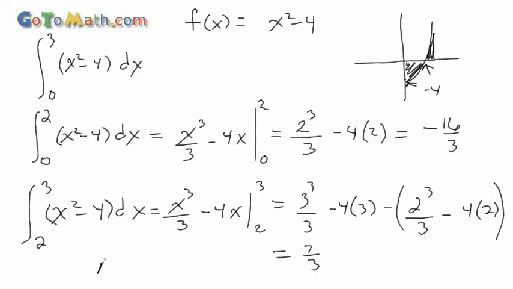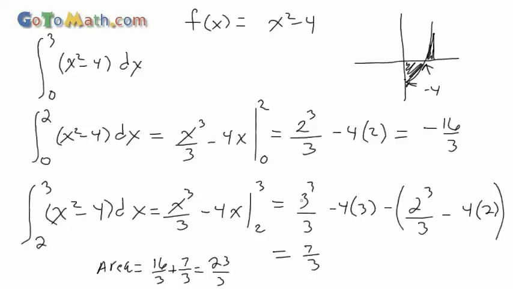So let's just calculate the area. The area is actually going to be 16 thirds plus 7 thirds. And of course, if we wanted the exact value, we would say that's just 23 thirds, and I'm not sure why I didn't get the exact value. But anyway, they want the decimal representation, so we're going to have to do that.